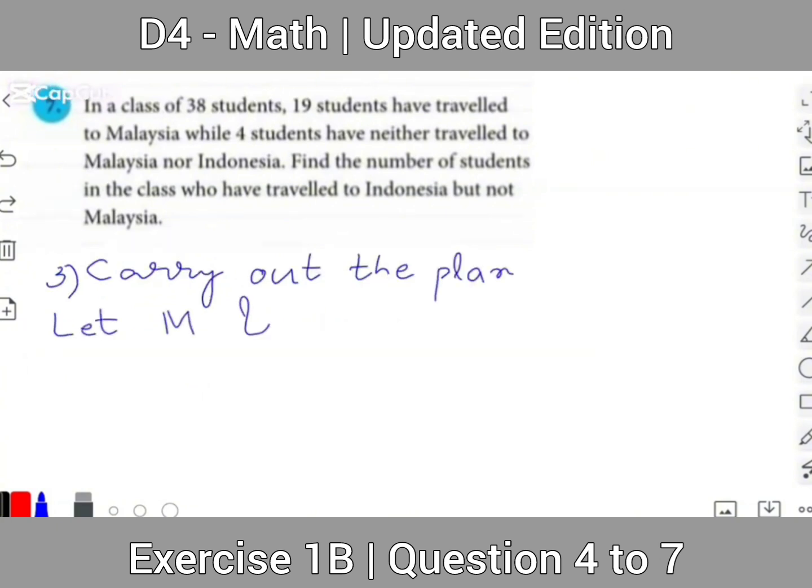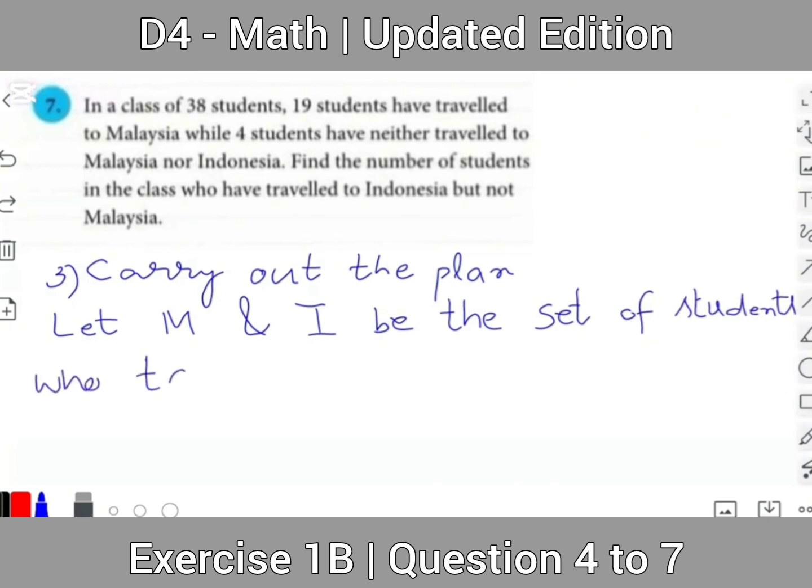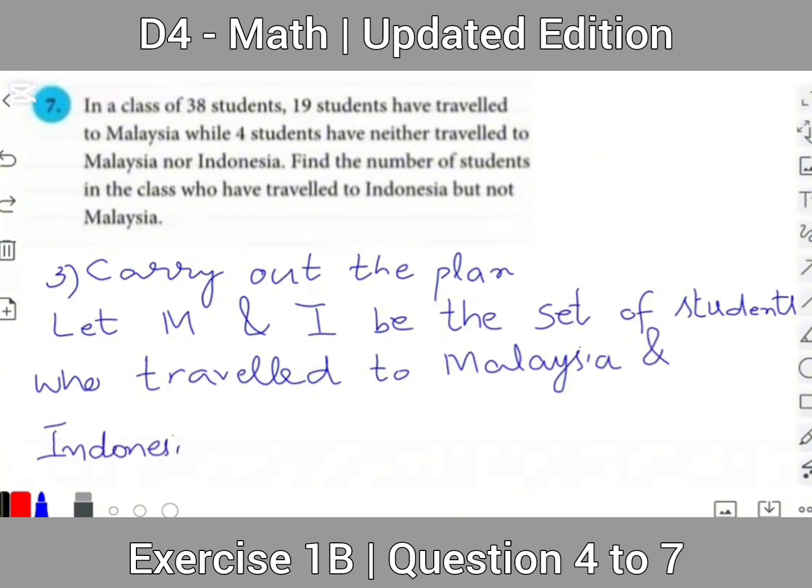And now in the stage 3, carry out the plan. Let M and I be the set of students who traveled to Malaysia and Indonesia, respectively.